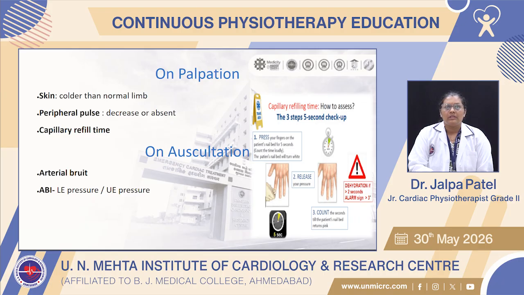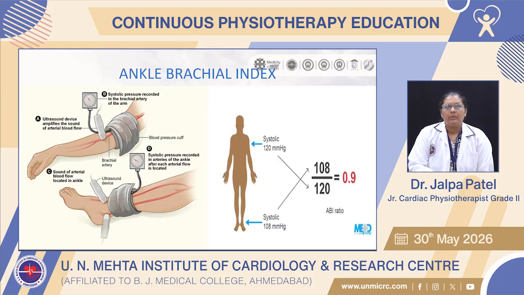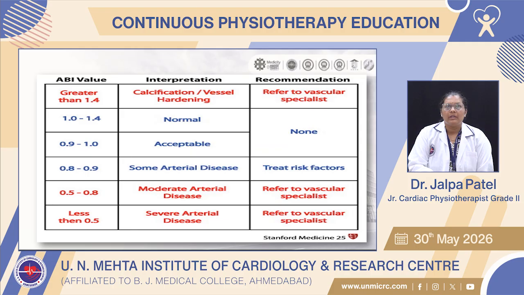Now on auscultation, we can check arterial bruit or ABI, lower limb extremity pressure and upper limb extremity pressure. Ankle brachial index. These images show how we measure the ankle brachial index. If ABI value is greater than 1.4, then calcification and vessel hardening occur.